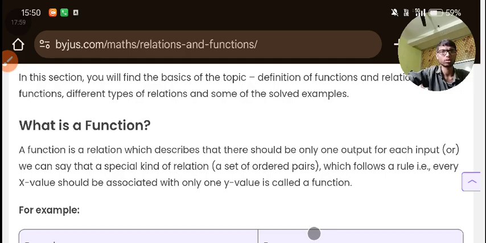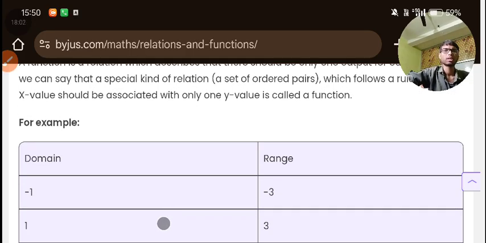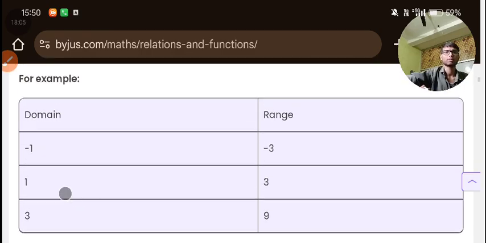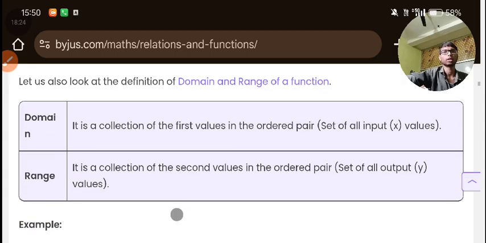For example, we have this domain and this range: -1 and -3, 1 and 3, 3 and 9. This is a Cartesian product: (-1, -3), (1, 3), (3, 9).